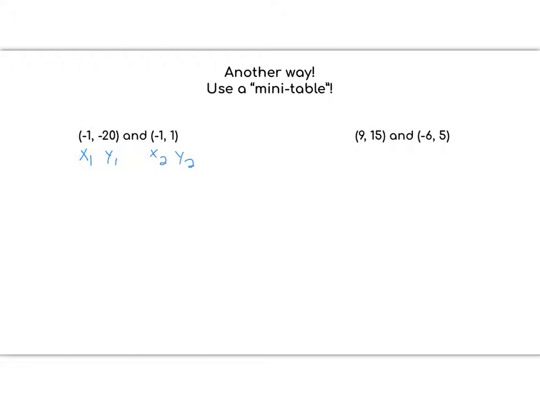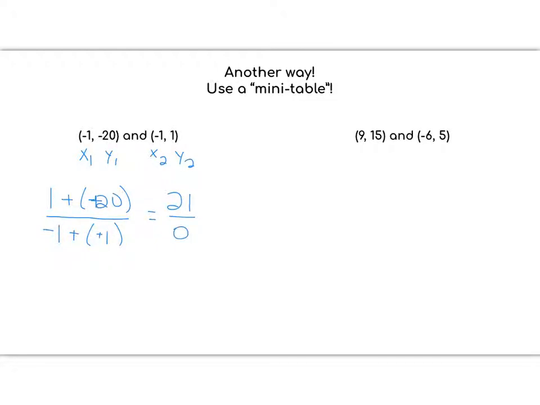And then I would do 1 minus a negative 20. See how that subtraction gets kind of funky? And negative 1 minus a negative 1. So with subtraction, I add the opposite, and I get 1 plus 20 is 21. And I have to add the opposite down here, so negative 1 plus 1 is 0.